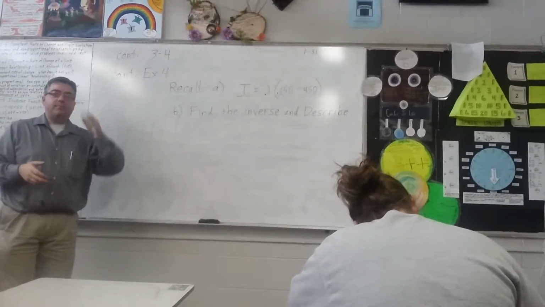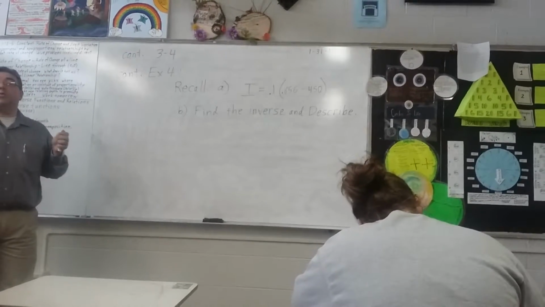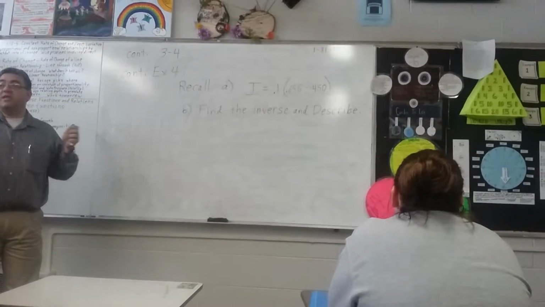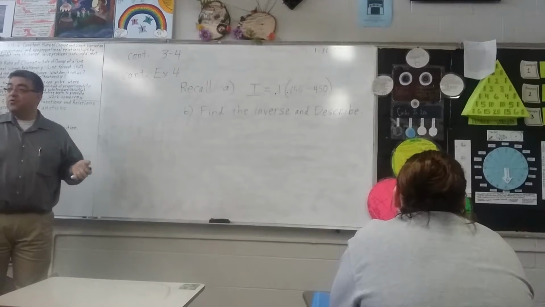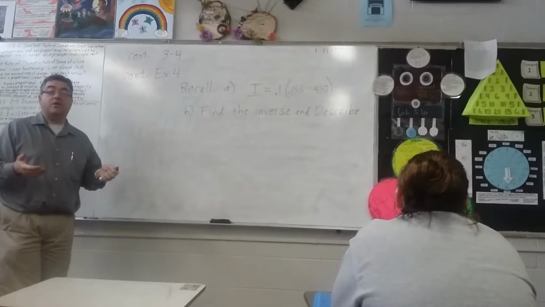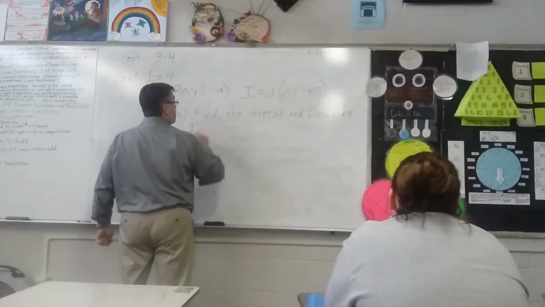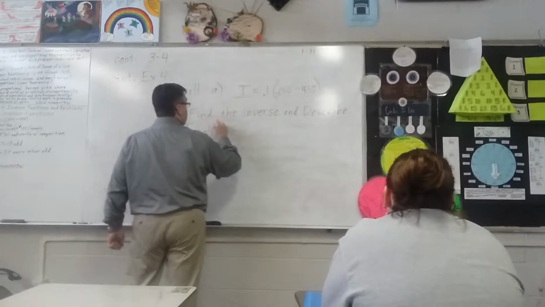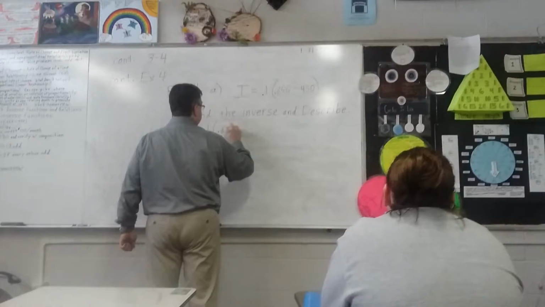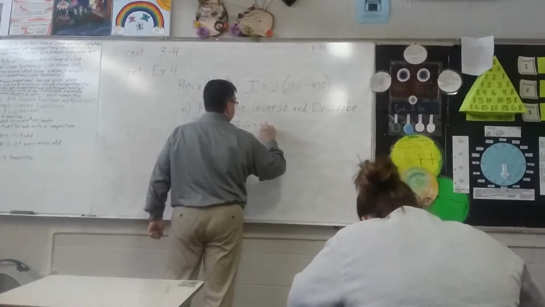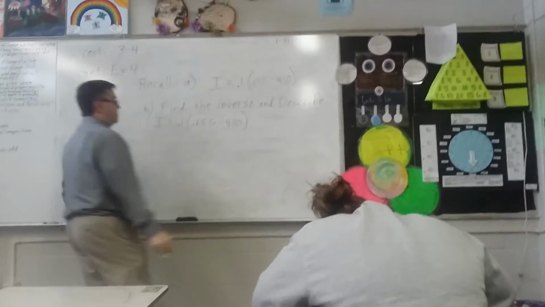We're going to keep the variables like they are. We're just going to solve for the other variable, and that's really what the inverse is, right? It's solving for the other variable. So right now we've got I equals 0.1 times 0.65G minus 450, inverse.